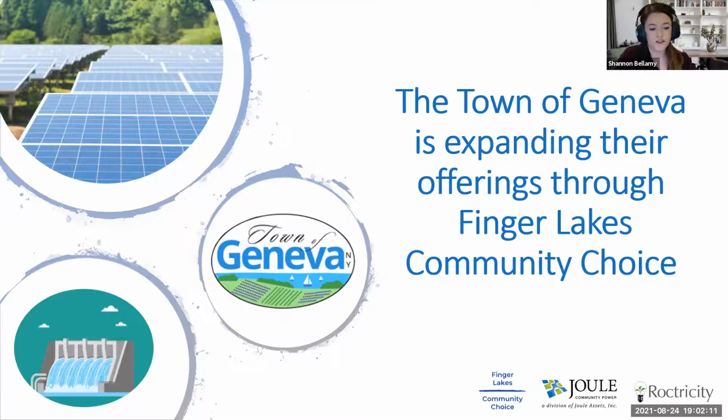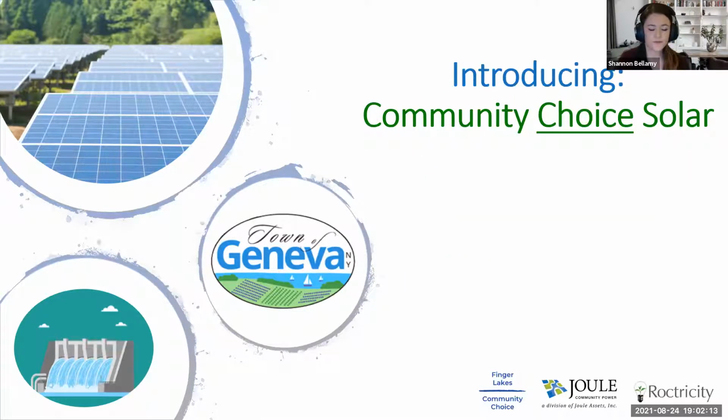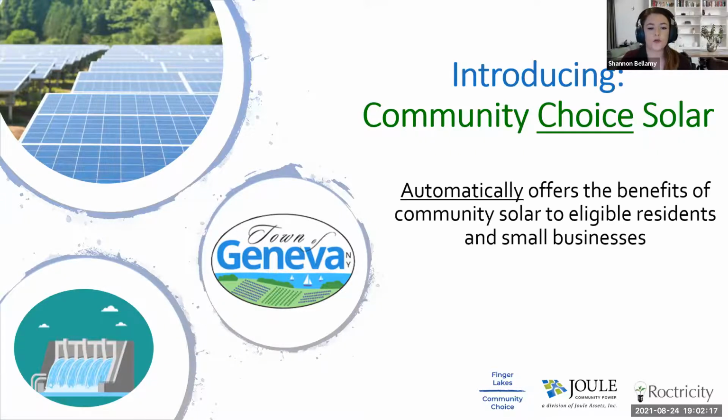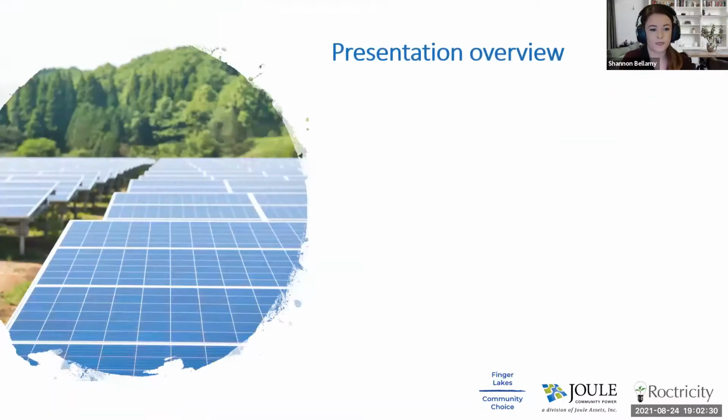So today, let's talk a little bit about these new offerings. We are introducing Community Choice Solar. This is a program that will automatically offer the benefits of community solar to eligible residents and small businesses. This is the second offering that we're introducing with the Finger Lakes Community Choice offerings.